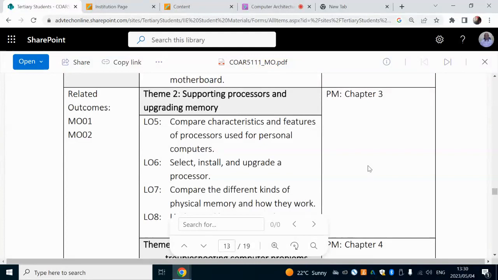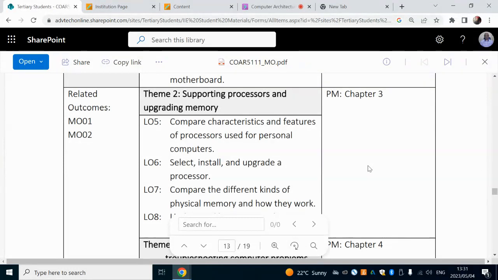AMD, Athlon, different types of processors. So what are these processors and what sockets do they use on the motherboard? We should have a knowledge of that. It's an open book, so you can easily look it up. But you should know that different processors will fit on different motherboards.